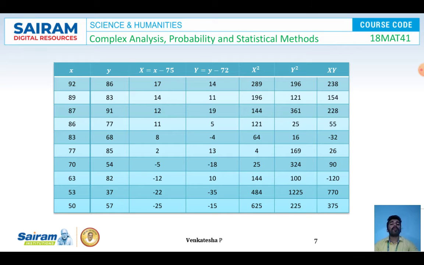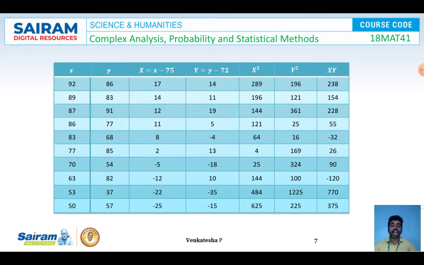Now I'm going to multiply capital X with capital Y. So I'll get 238, 154, 228, 55, minus 32, 26, 90, minus 120, 770, 375.